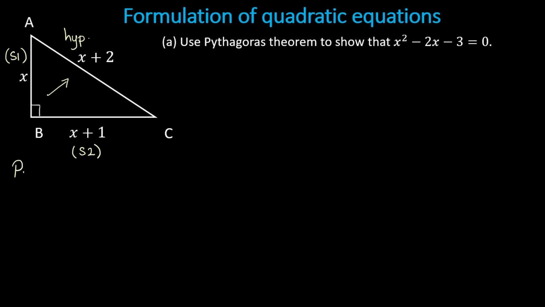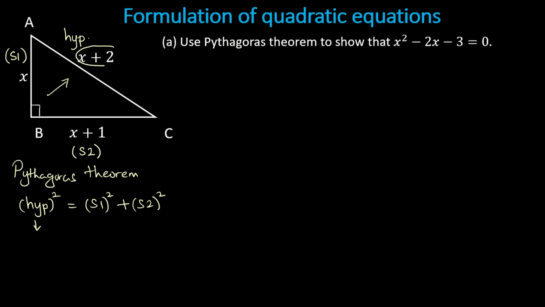Then we are going to write down the Pythagoras theorem. It simply says the hypotenuse to the square equals side 1 to the square plus side 2 to the square, right? And what is the hypotenuse in our case? The hypotenuse is x plus 2.